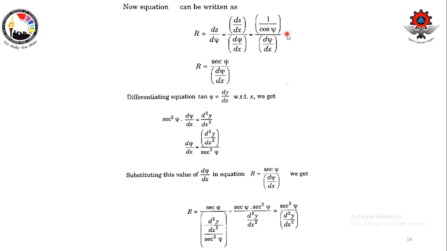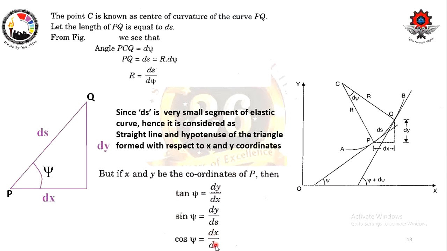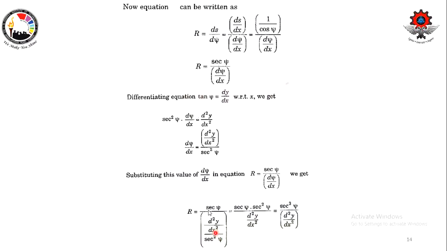We have here ds by dx, so the reciprocal of cos psi gives ds by dx. That is why it is given here as 1 by cos psi. Now this d psi by dx remains the same.